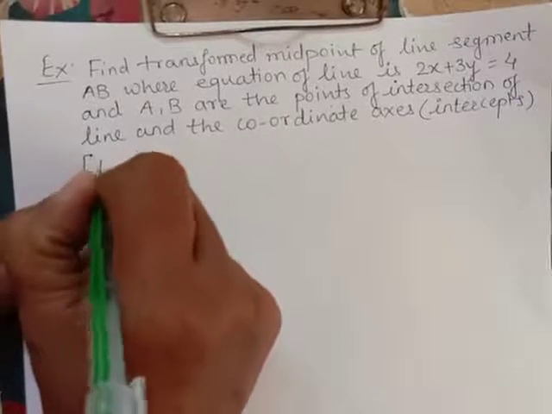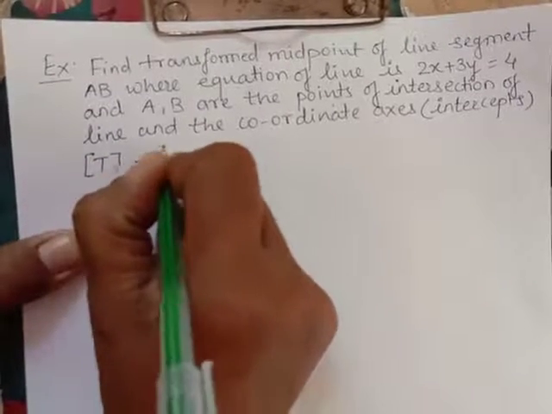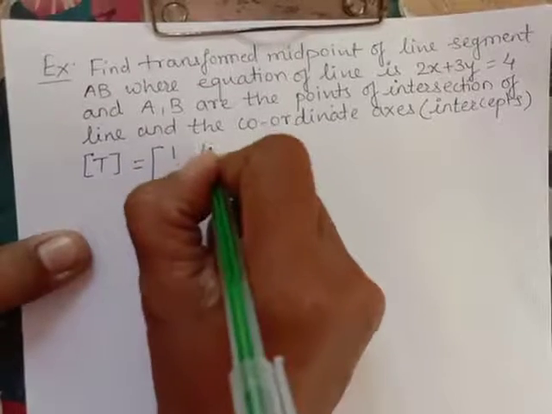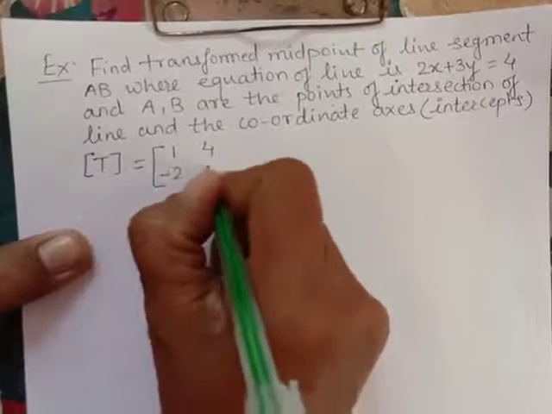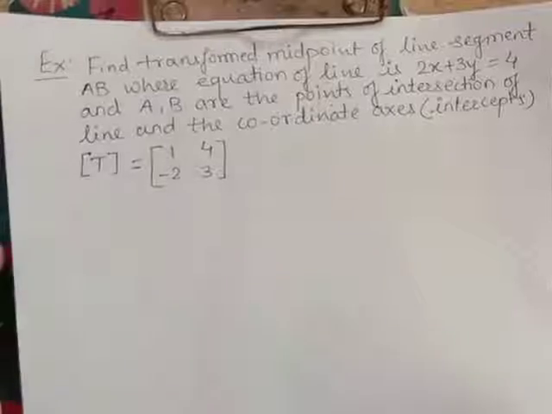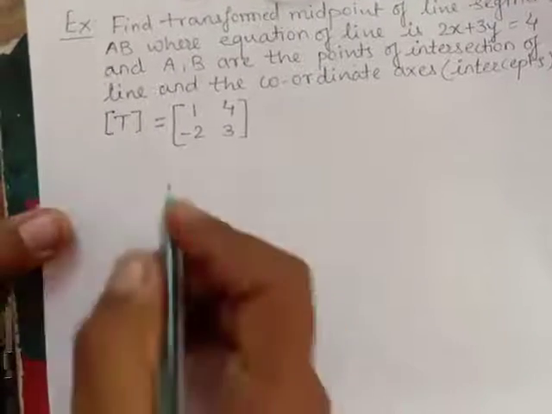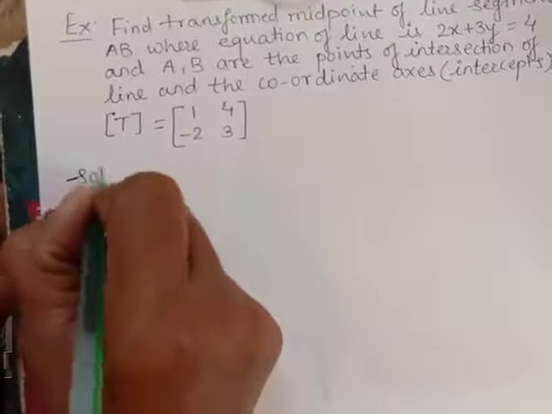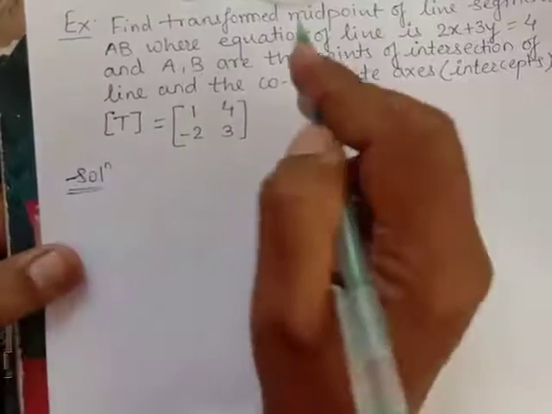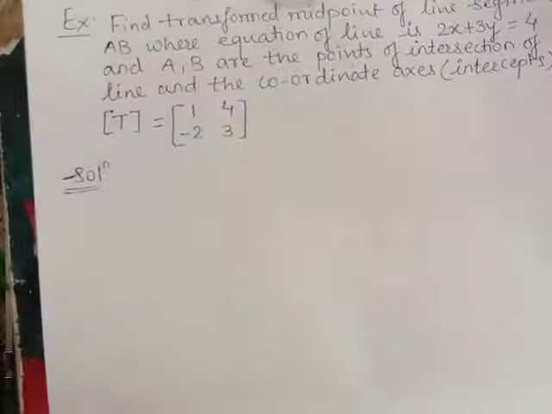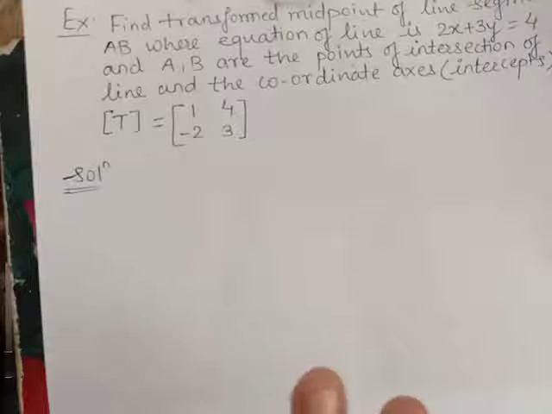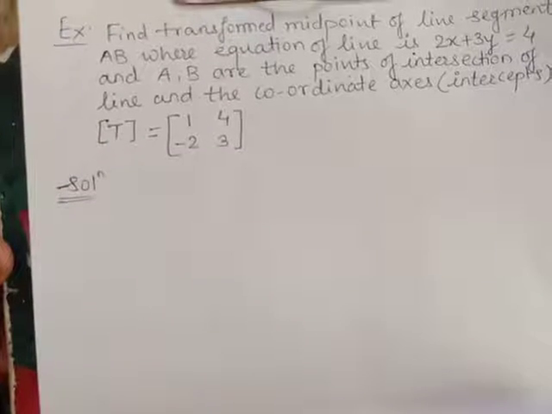And here T is given to us. It is 1, 4, minus 2, 3. Now simply we have to find a transformed midpoint, so no need to show the midpoint is transformed to the midpoint.